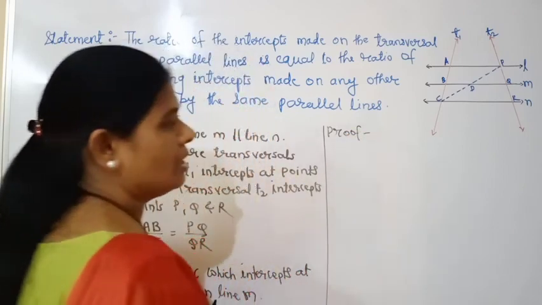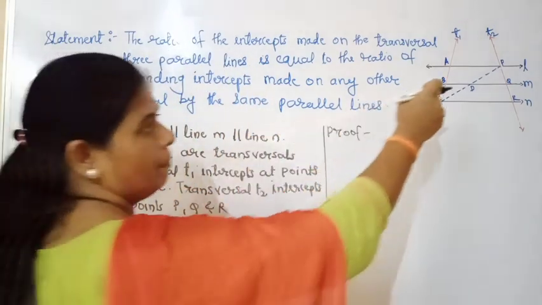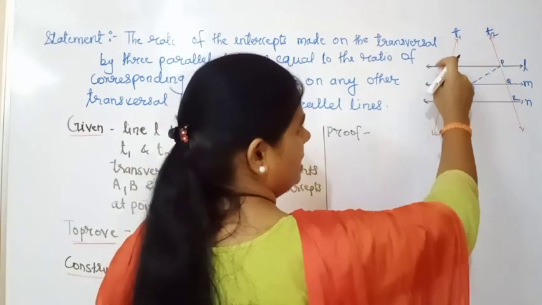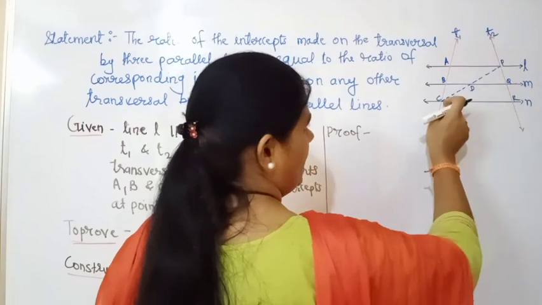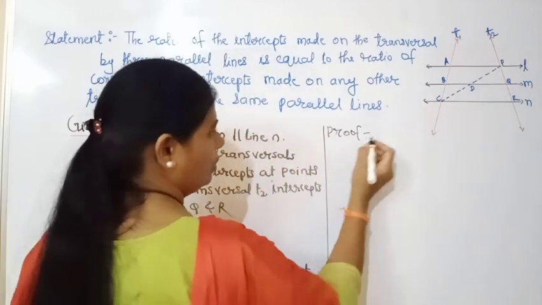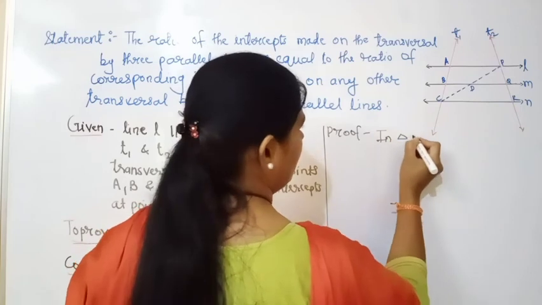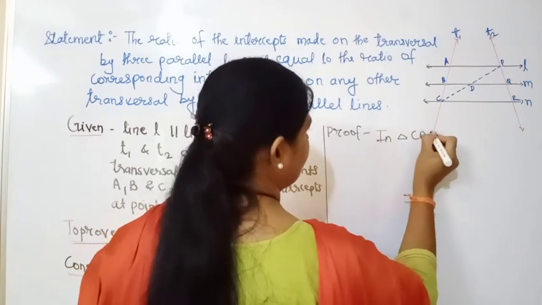Now as you can see, due to this construction PC, we have formed two triangles, that is triangle CAP and triangle PRC, or CPR, anything you can take. So we will write in triangle CAP.